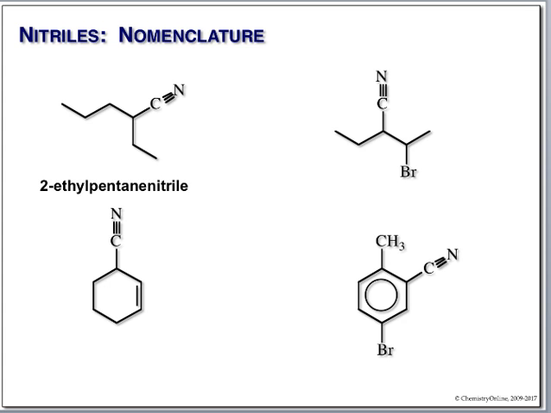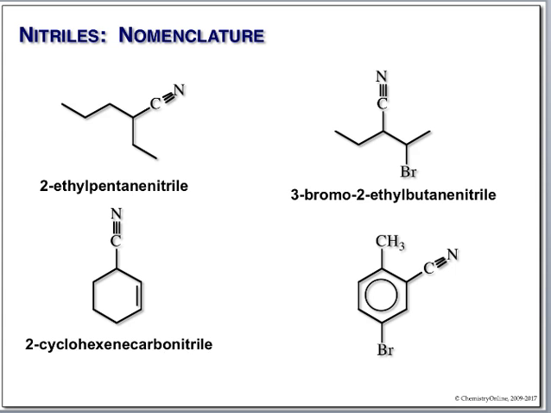So it's going to be a butanenitrile with a 3-bromo 2-ethyl. Once again, this will be carbon 1. So this is going to be our parent. It's going to be a 2-cyclohexene carbonitrile.